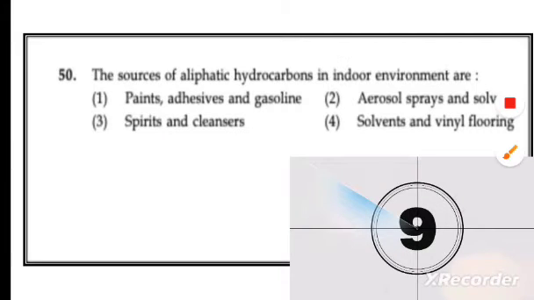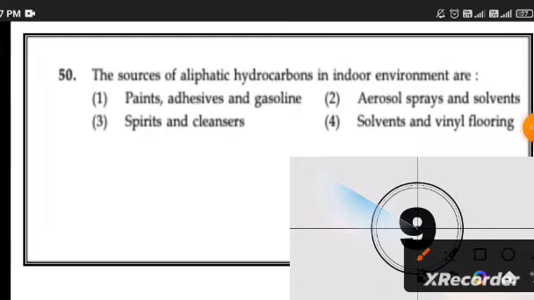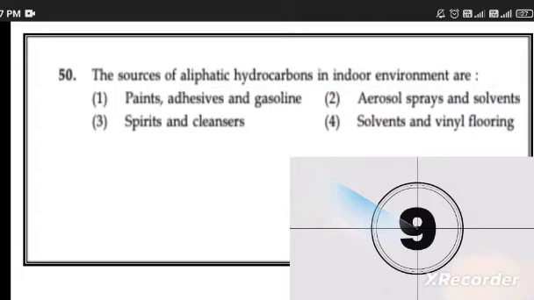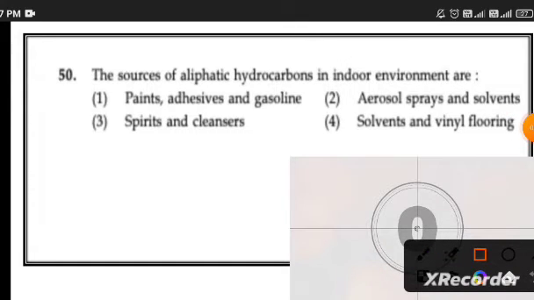Fourth question is, which of the following are the sources of aliphatic hydrocarbons in indoor environment? And here the correct option will be option 1, which includes paints, adhesives and gasoline.